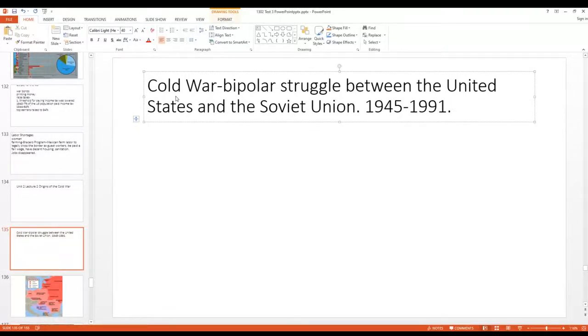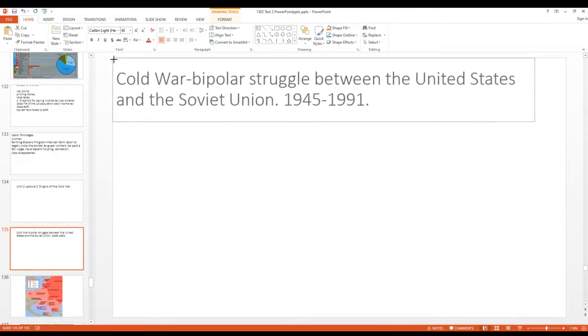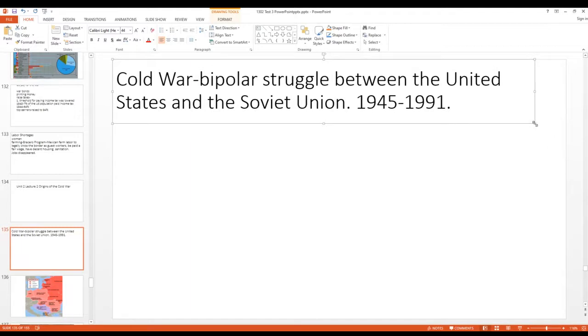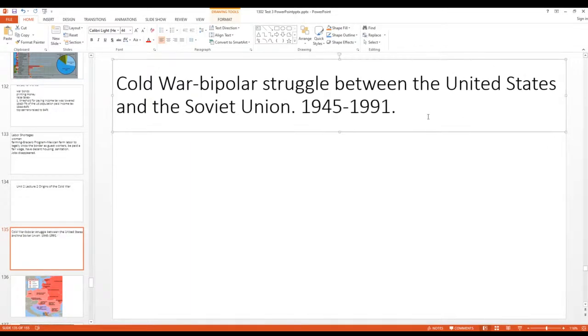There is no direct fighting between the United States and the Soviet Union during this war. A lot of this is going to be a war by proxy. So, for instance, the United States in Vietnam will be fighting the North Vietnamese, who are supplied by the Soviet Union and the Chinese. In Afghanistan, the Soviet Union will not be fighting the United States.